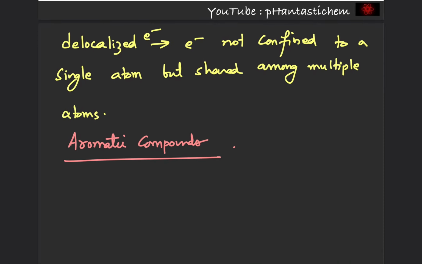Okay, and they have chemical properties which are different from other cyclic unsaturated compounds which don't contain 4n plus 2 pi electrons, and therefore the necessary and sufficient conditions for a molecule to be aromatic are very important.